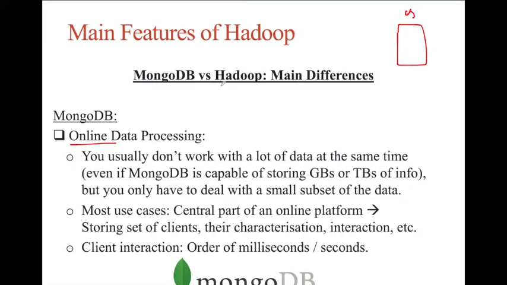In Mongo we have a database, inside the database we have collections, and inside the collections we have documents. So what we do is partition the documents in Mongo. A set of documents goes to the first partition, the first machine, some documents go to the second machine, and so on. I will describe later on how we partition the data in Hadoop.